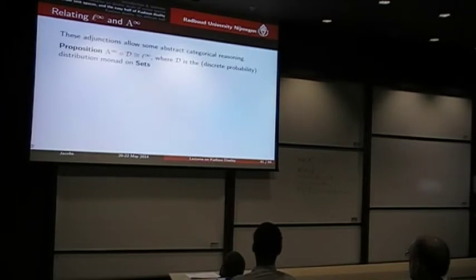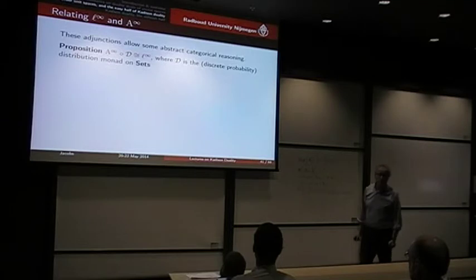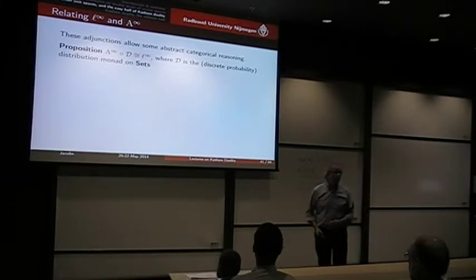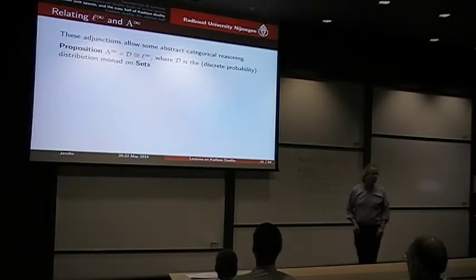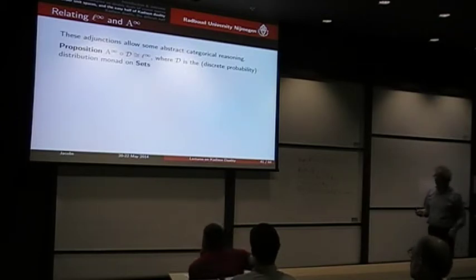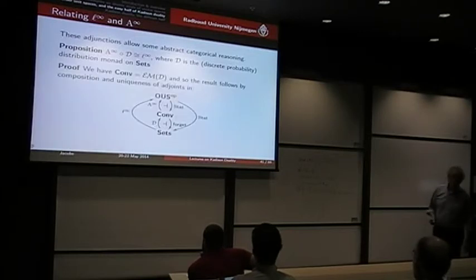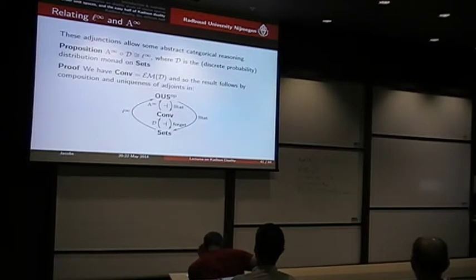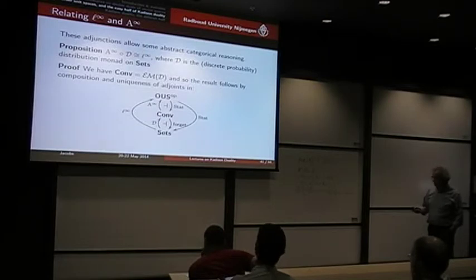These adjunctions do allow you to prove some elementary things. One property is to show how A infinity and L infinity are related, namely via the distribution monad. This is a categorical result. If you don't know this kind of categorical way of reasoning, I'm unable to explain it in a minute, but the main story continues. The reason goes as follows.